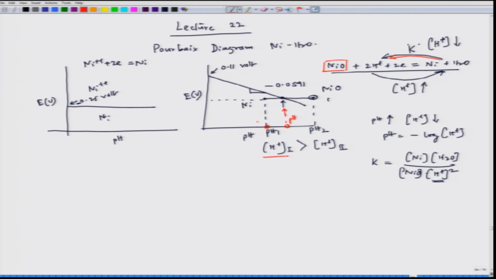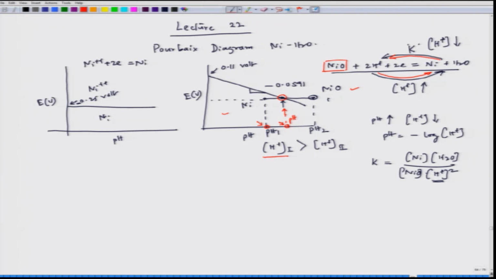So, at this point H plus ion concentration would be more than at this point, which is indicating the pH level on the line of that E versus pH plot. So, once we see the hydrogen ion concentration is increasing, in order to maintain this equilibrium constant, we have to go to the other side, that means this side. So, then this region definitely should be nickel and this region should definitely be NiO.